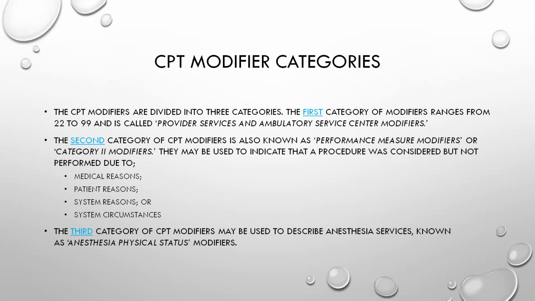These are used to indicate that a procedure was considered but not performed due to medical reasons, patient reasons, or system circumstances. And then you have the third category of CPT modifiers that are used to describe anesthesia services, known as anesthesia physical status modifiers.